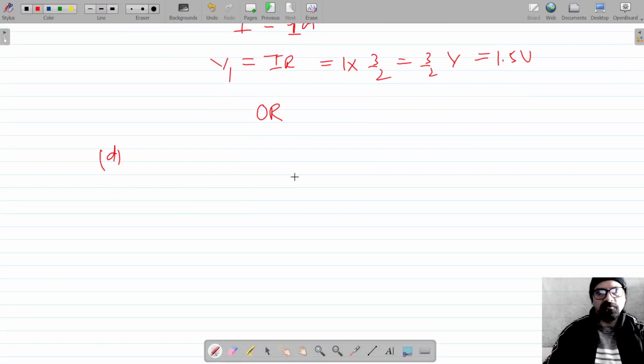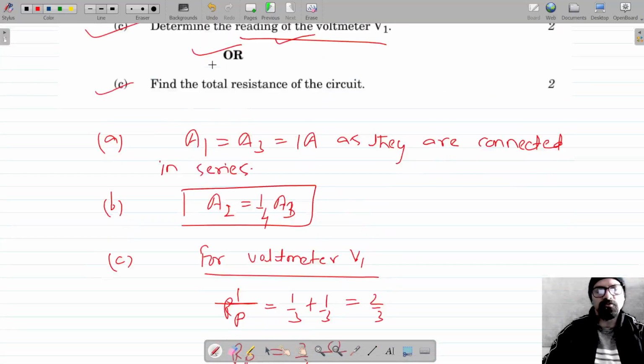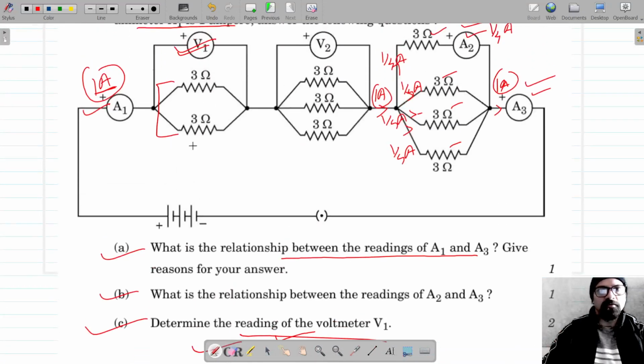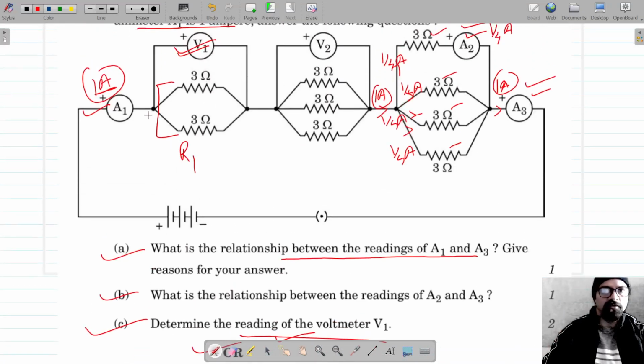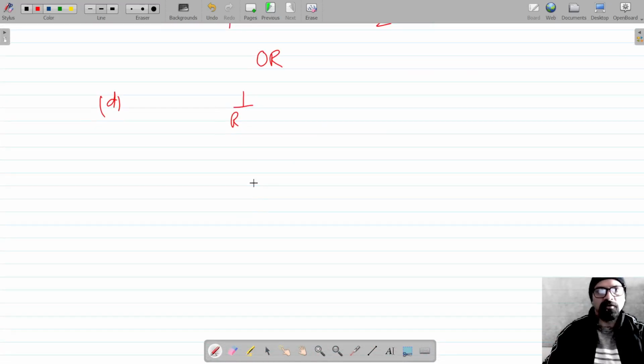Let's say its resistance is R1. So 1 upon R1 is equal to 1 upon 3 plus 1 upon 3, which is 2 by 3, and R1 is now 3 by 2 ohm.